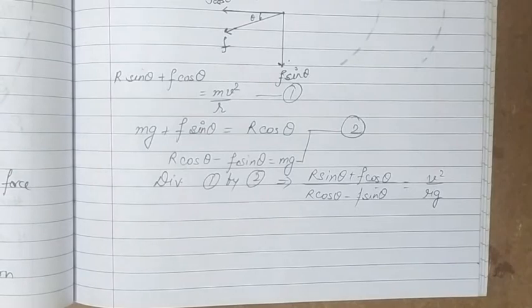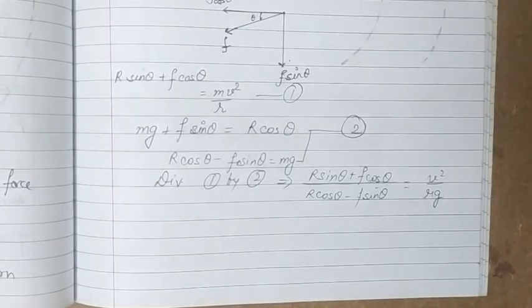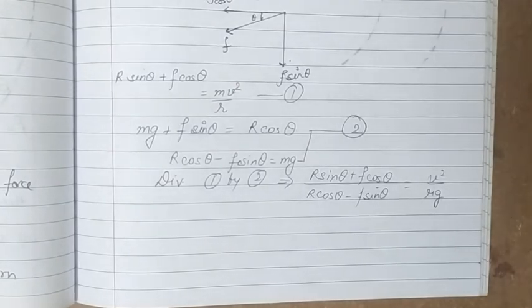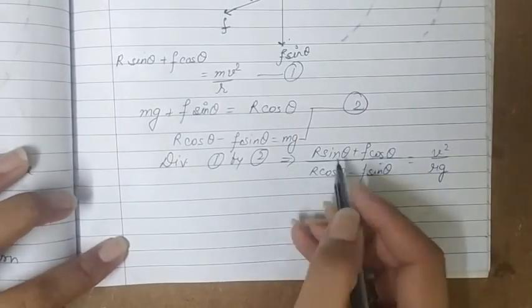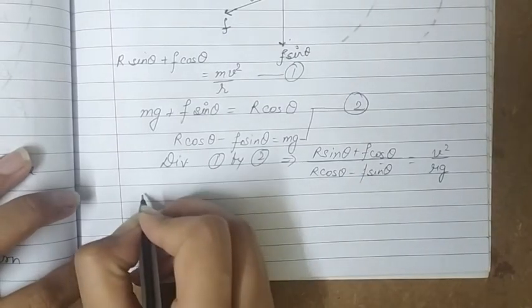Now we divide the numerator and denominator of the left hand side by R cos theta, because we want the relation in terms of tan theta only.